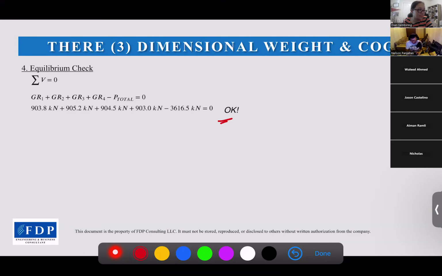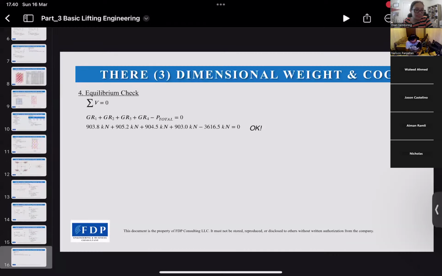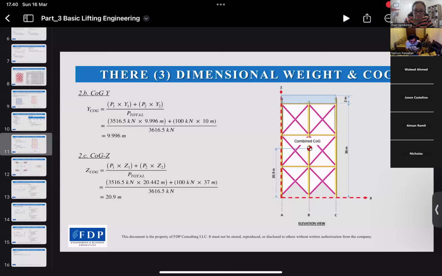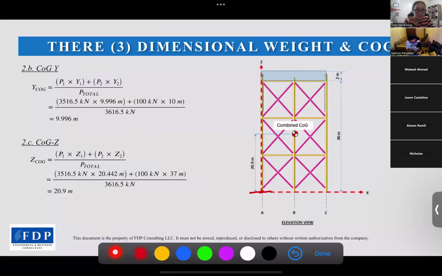That's all. And for the Z COG, we use that to check the stability during transportation. So, for example, this is the combined COG, and our SPMT are sitting here, right?